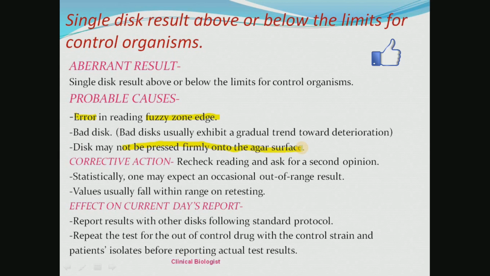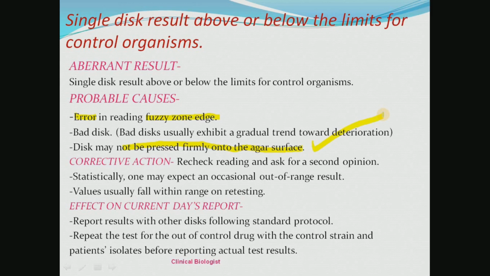When you do not press properly, the agar will not absorb the required quantity properly, so it might give you an improper disc result. So the causes are a fuzzy zone edge, a bad disc with deterioration, and improper pressing of the disc during antibiotic susceptibility testing.